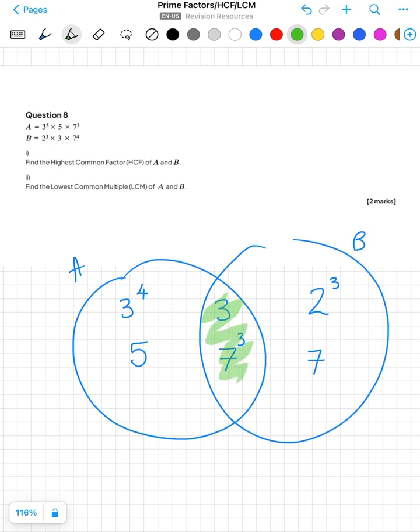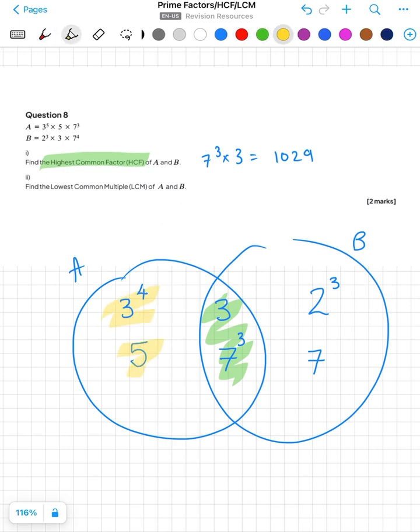So highest common factor is always the overlap multiplied together. So that's 7 cubed multiplied by 3, for which we can use our calculator. So 7 cubed multiplied by 3, that's 1029. Now the lowest common multiple is where you multiply everything that appears in your circles together.